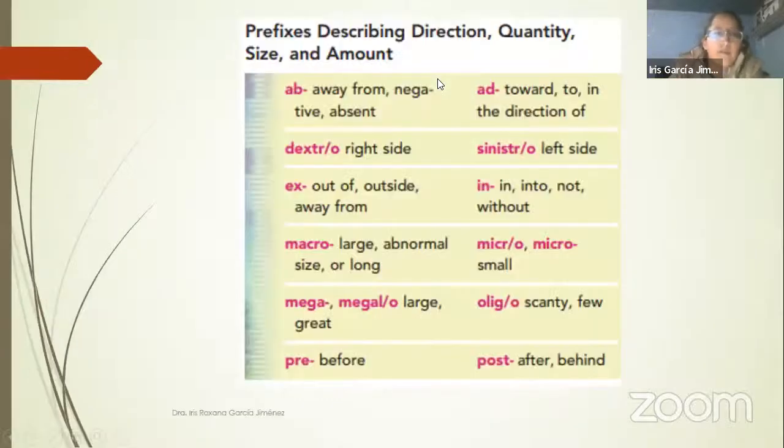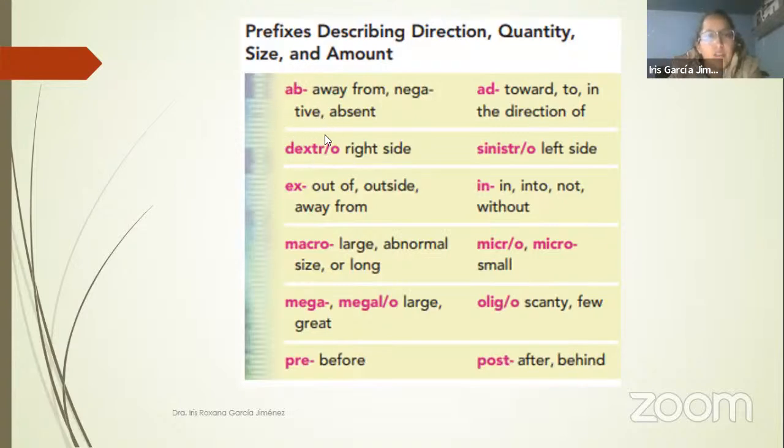Now we have more prefixes that are describing direction, quantity, size, and amount. The same that I was telling you, in Spanish, we get the idea indeed during the med school. I tell you by experience, of course, maybe in your med school was different, but now we have to consider these prefixes.